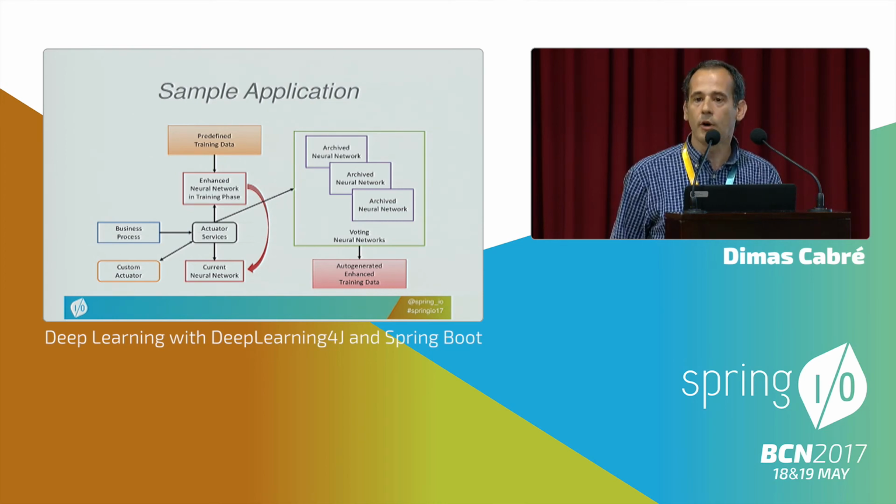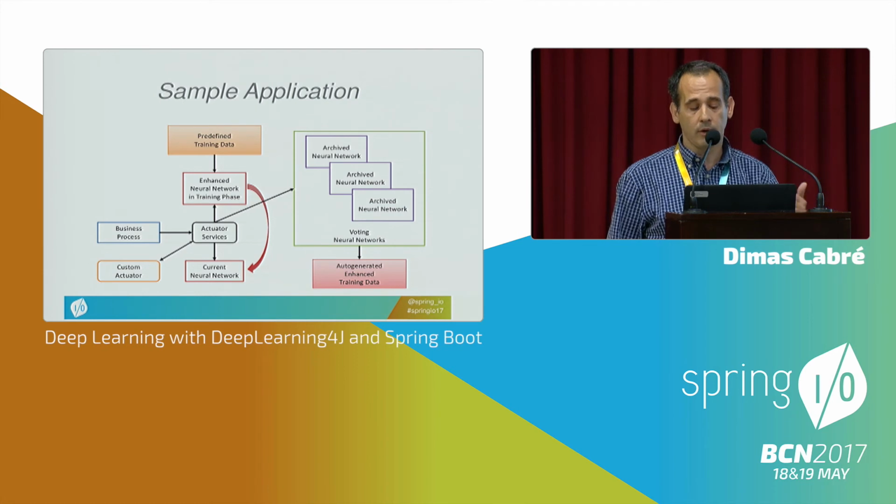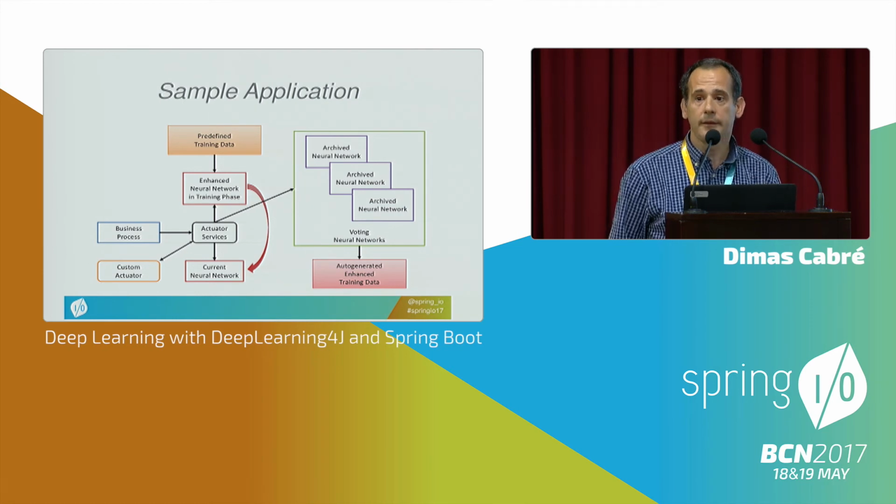Everyone produces a response, and using the answers of the neural networks, if we reach a threshold of agreement, then we decide that there is a big probability that the answer is good.